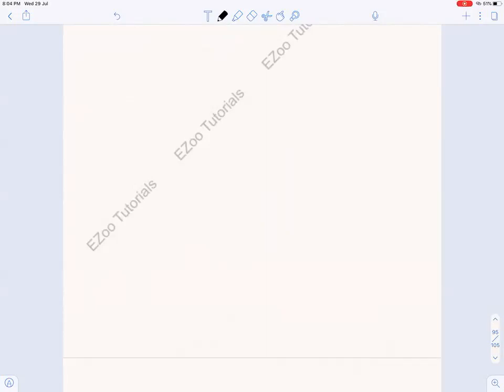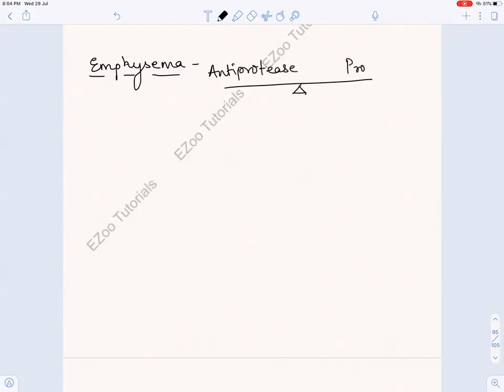What is it that I am talking about? So what happens in emphysema? There should be a balance between antiprotease and protease. Why?